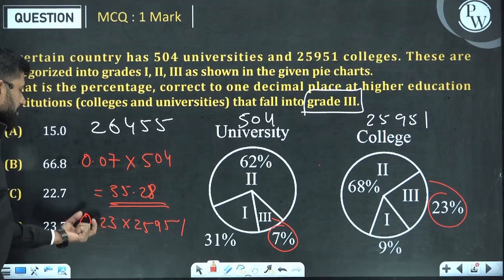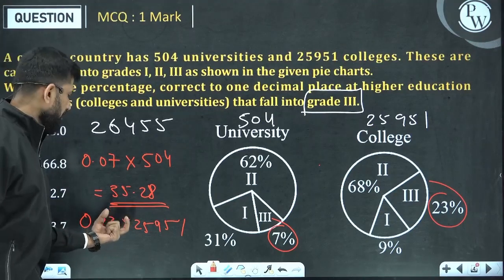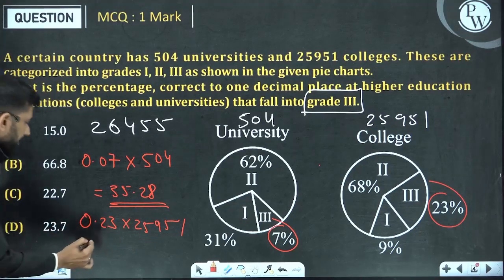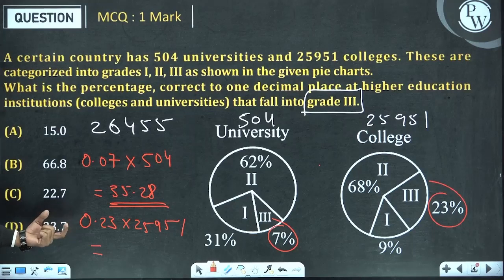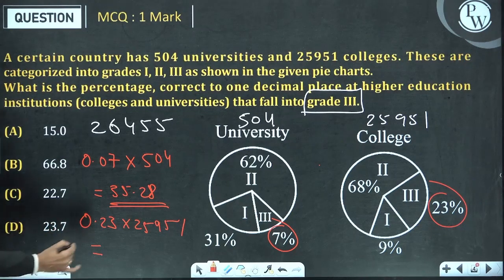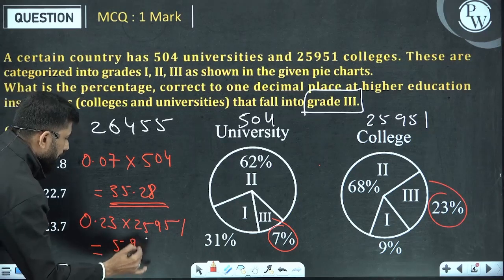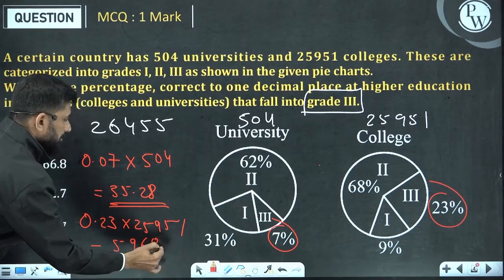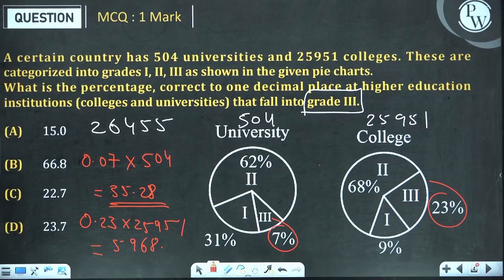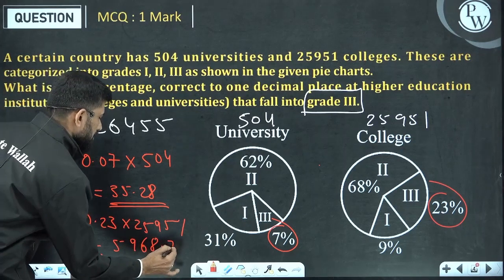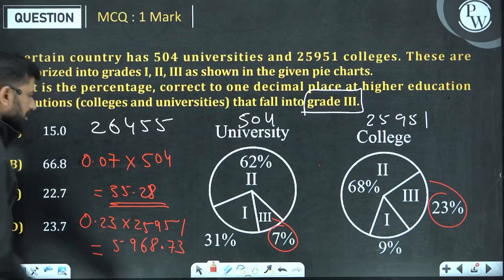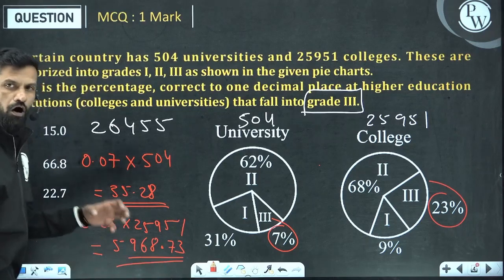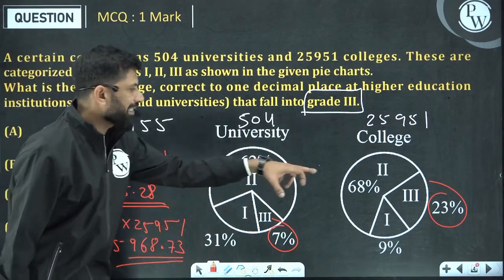If you calculate this, it will be nearly 5,968.73, if I am not wrong. So this is the total number of colleges which fall in grade 3.